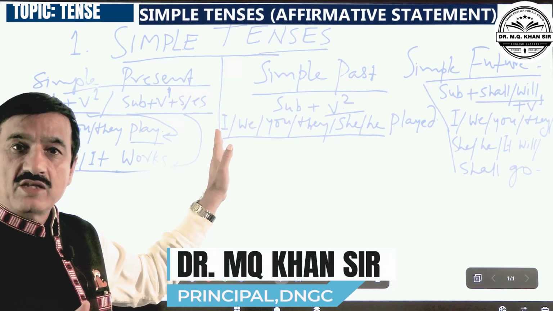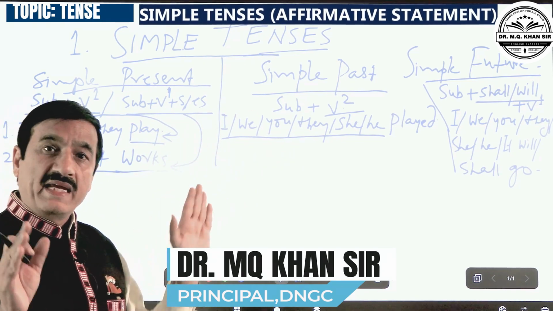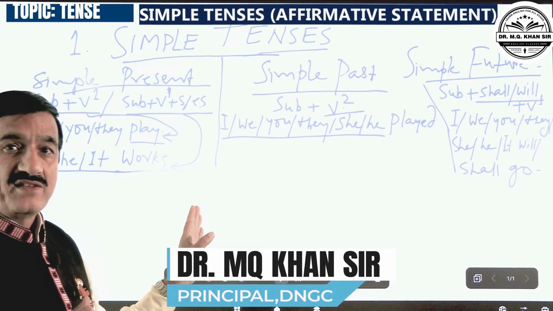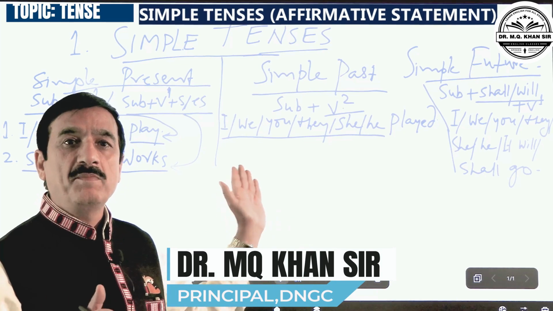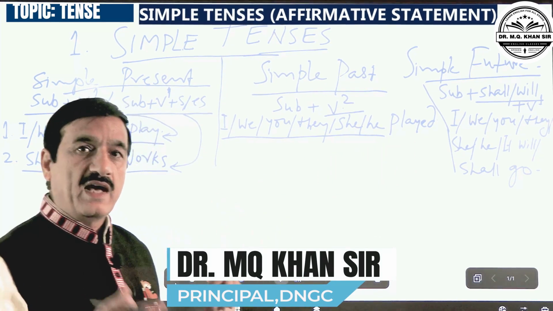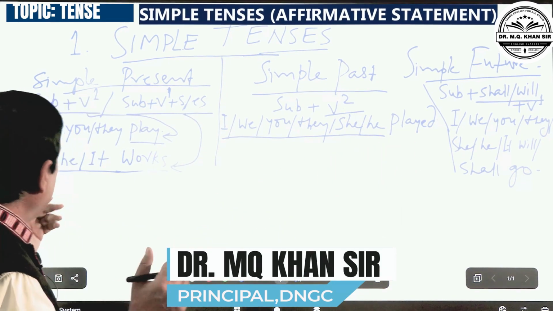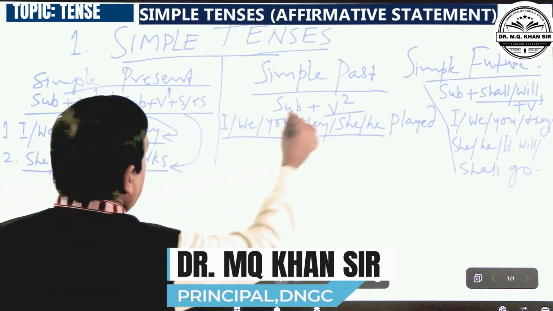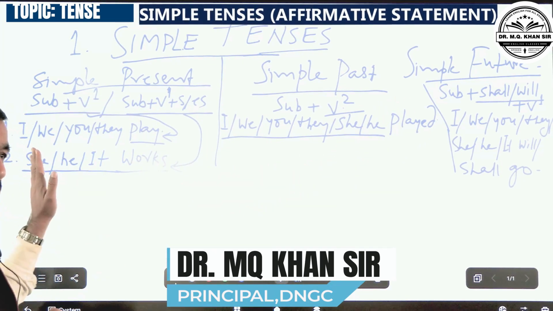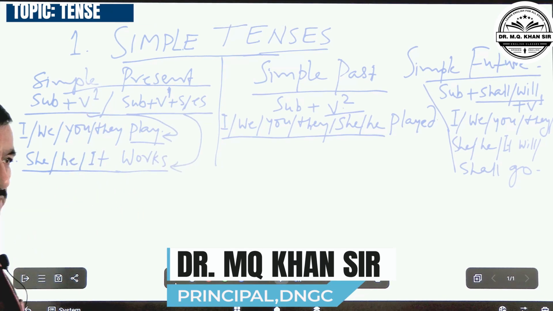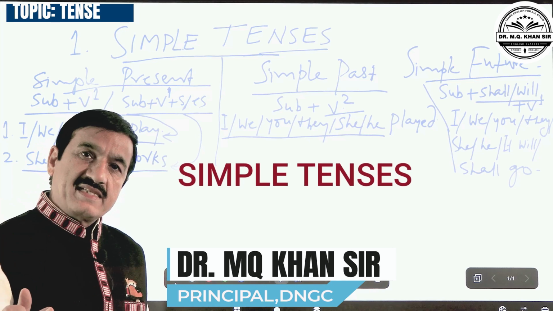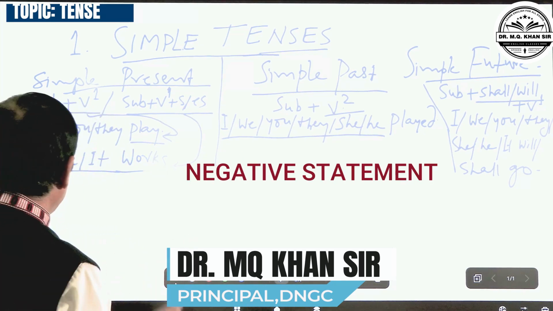This formula to construct sentences only applies when it is affirmative sentence in simple present, simple past, simple future. Now look at say interrogative. With all this we discussed simple tenses but affirmative. Now take for example simple tenses but negative statement.